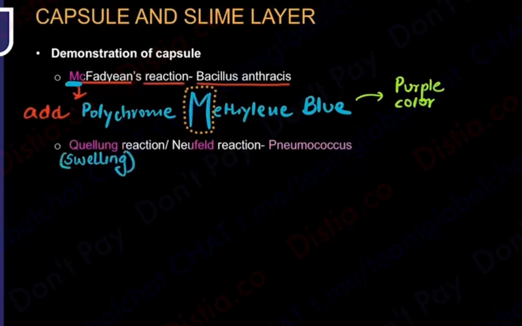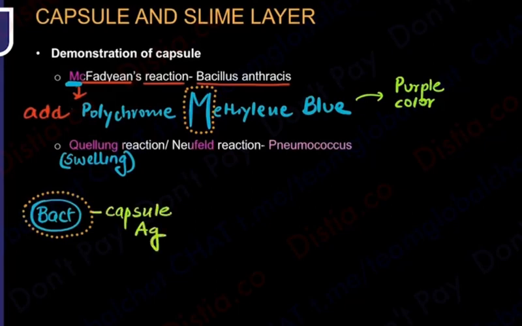I'll tell you how. For example, if this is a bacteria and we are talking about capsulated bacteria, can I say that every capsule will have an antigen around it? And if there's an antigen, I think everyone knows that if I add an antiserum or an antibody to it, there will be a reaction. There's an antigen-antibody reaction that is definitely going to take place over here.